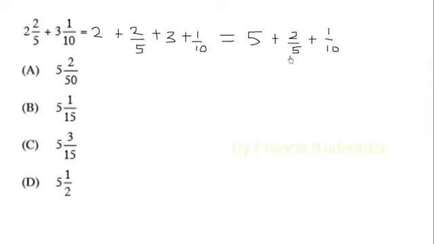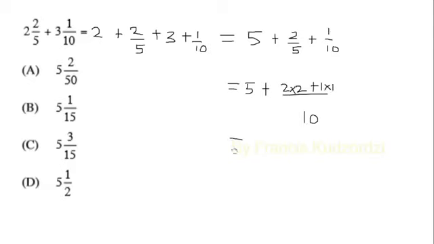Now the LCM of 10 and 5 is 10. So 5 goes into 10 2 times, then 2 times 2, plus 10 goes into itself 1 time, then 1 times 1.